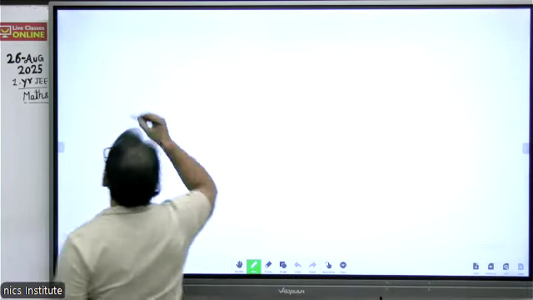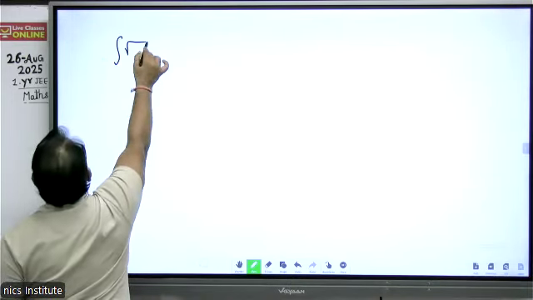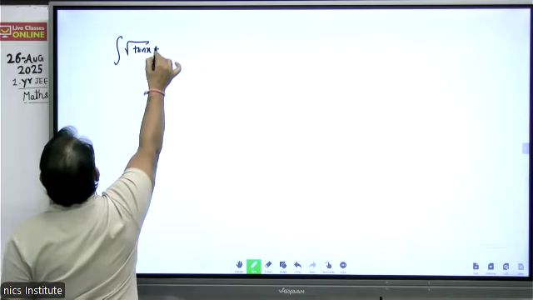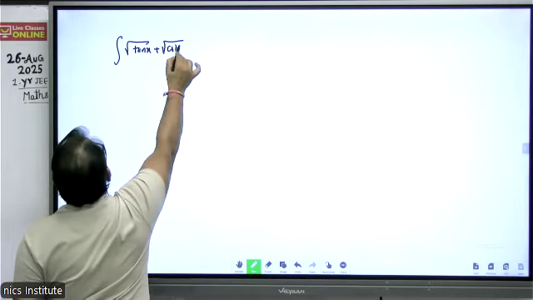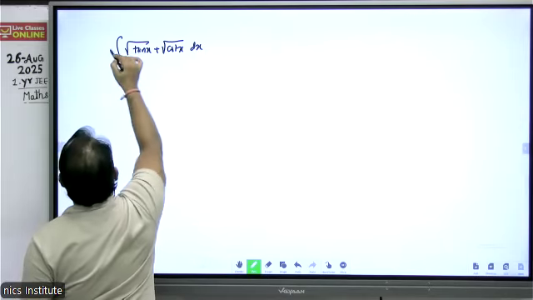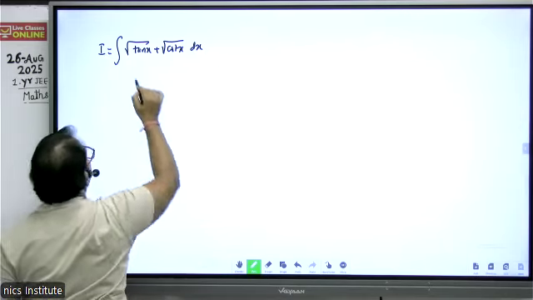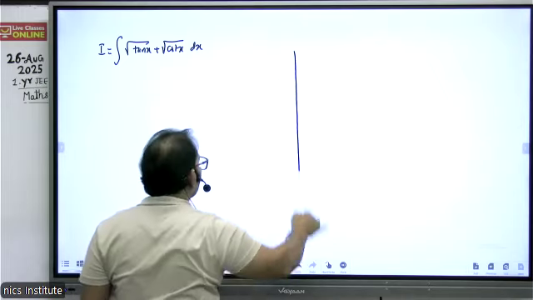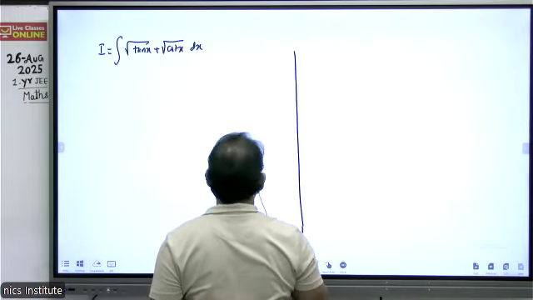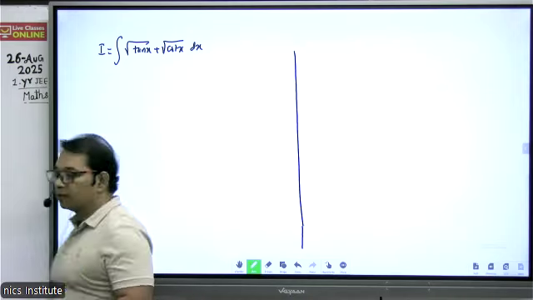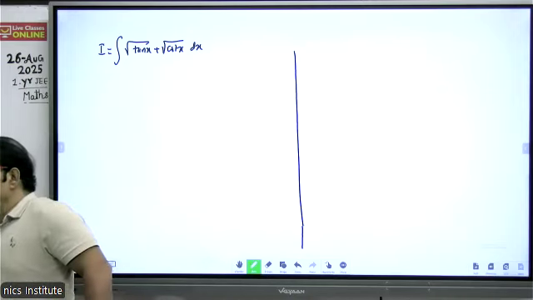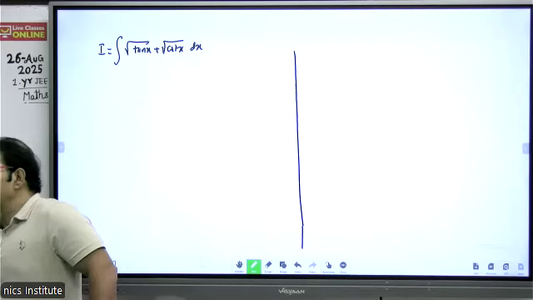We'll answer another question. Root tan x plus root cot x, which is equally important for boards and for entrance also. This question will be answered in two ways. One, by converting to sin and cos. Another, by substituting tan x as t square. Try yourself. Convert tan x into sin cos and do it.